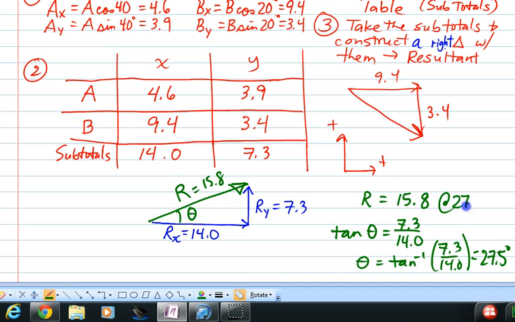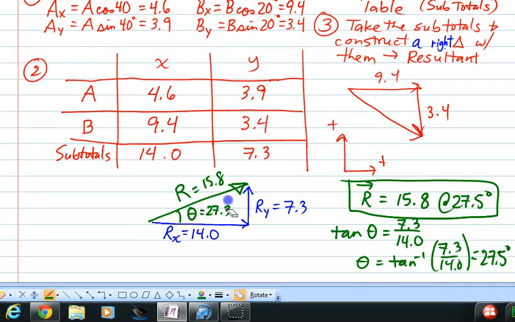So that's our angle, and this R is our resultant. So it's 15.8 in whatever units we have at 27.5 degrees. Okay, so that's a little bit long, but that's how we add vectors using the component method. So I suggest trying this on some of the homework problems.